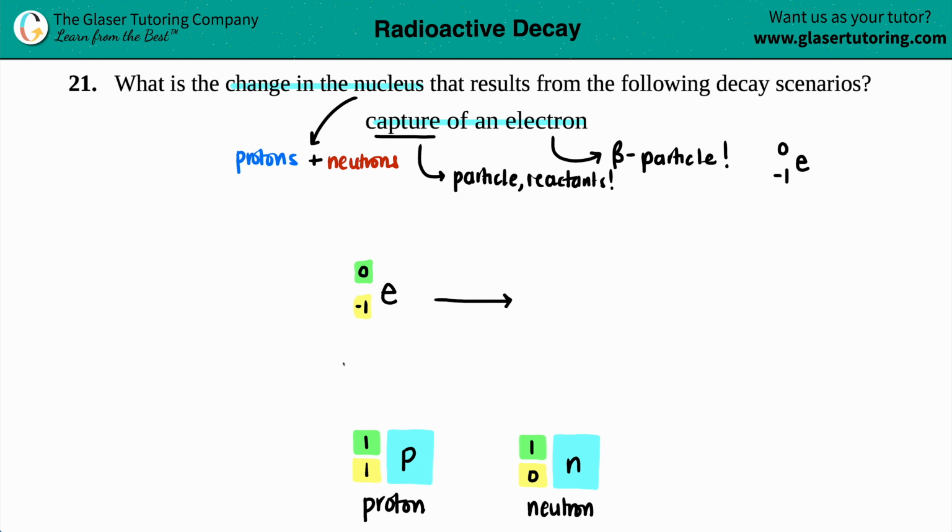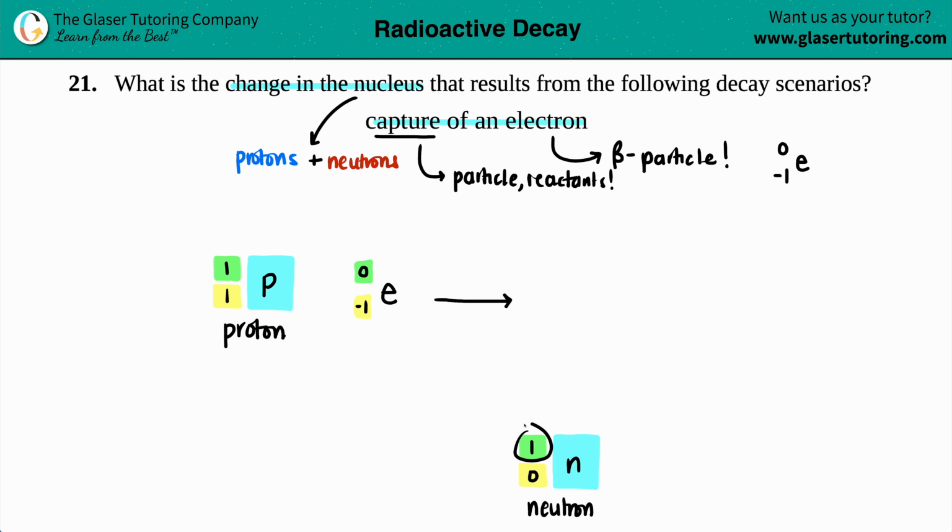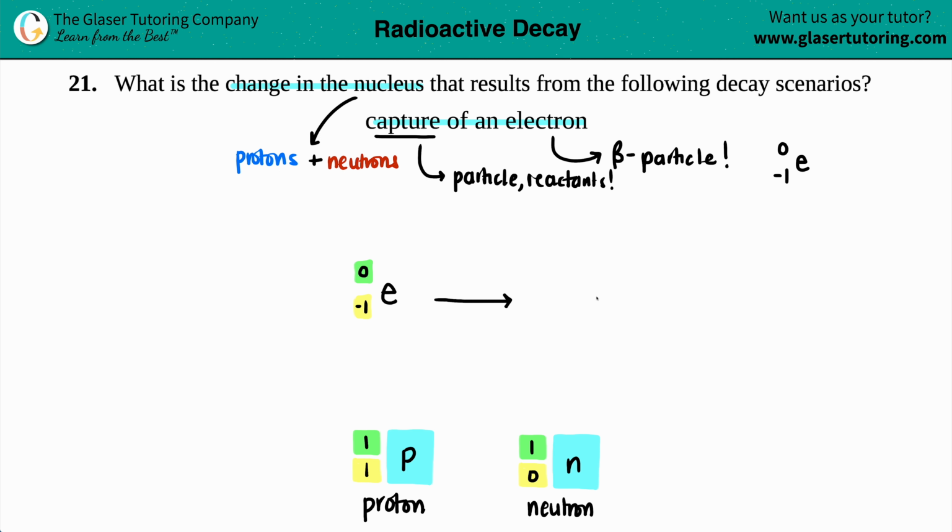Now, I see here that electrons have nothing to do with the mass number. If I put, let's say, the proton on the left side, that has a 1, so that means the 1 has to go on the other side. I can't have a proton and a neutron on the same side, 1 for 1. But now the question is, is the proton going to go here or here? Well, let's look at the number down below. The electron is a negative charge, so you need to counteract that.